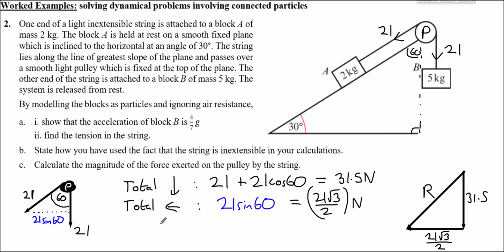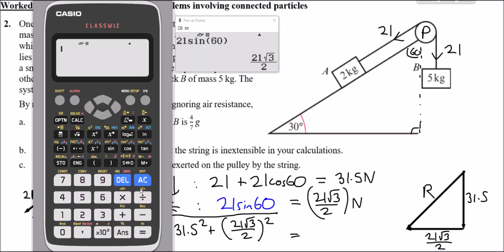So we can use Pythagoras here. So R will be the square root of 31.5 squared plus 21 root 3 over 2 squared, all of that square rooted, because it's just using this Pythagoras idea. So 21 root 3 over 2, that's my stored answer. So I'm just going to type ANS squared to make it easier.